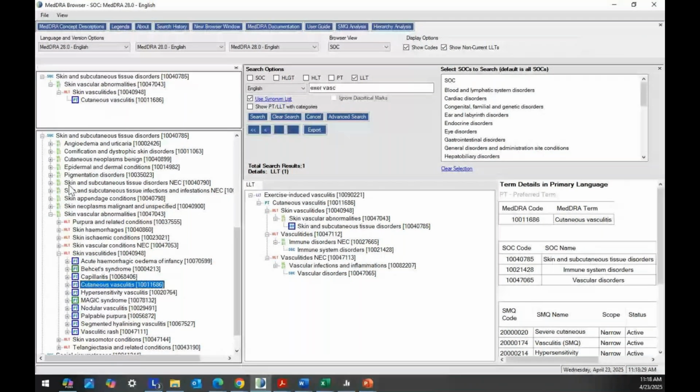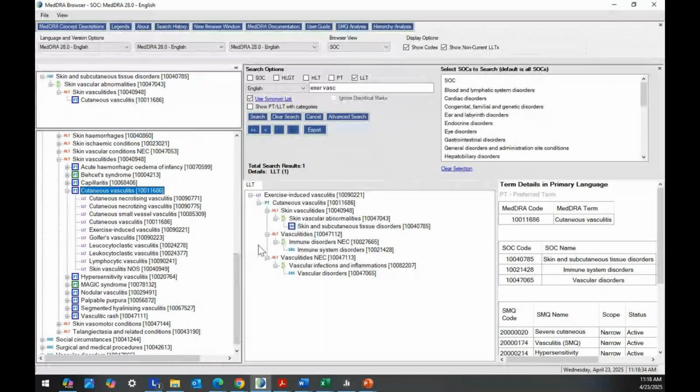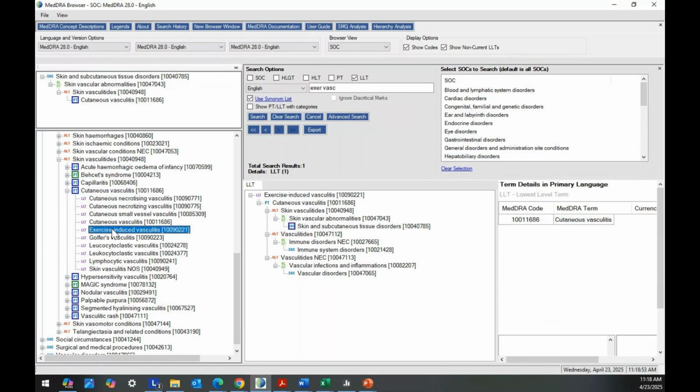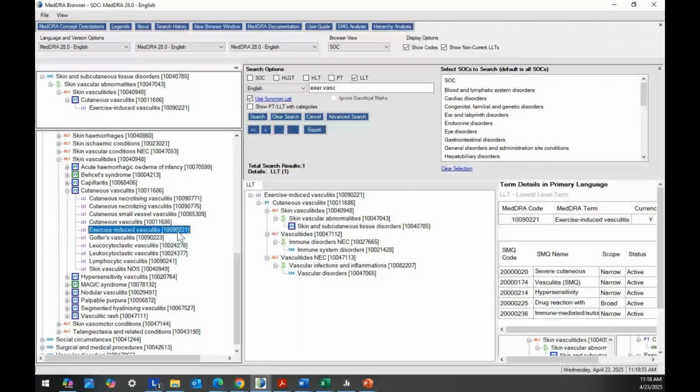When I open up that PT, cutaneous vasculitis, on the left-hand side I see all these LLTs. And lo and behold, exactly what my reference said: it's also referred to as golfer's vasculitis, exercise-induced vasculitis. So my thought process tells me, since the exact match for Disney rash is not there, I'll use the medical alternative based on my reference, exercise-induced vasculitis, and I'm going to use that LLT.